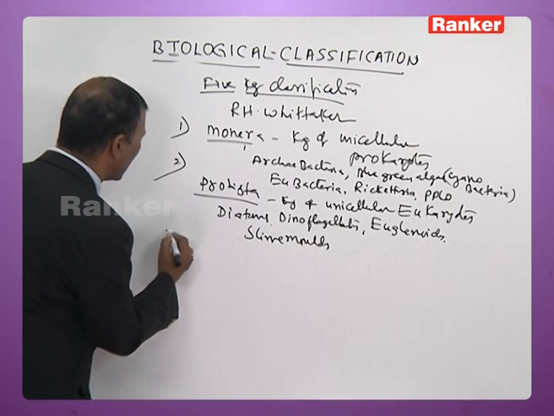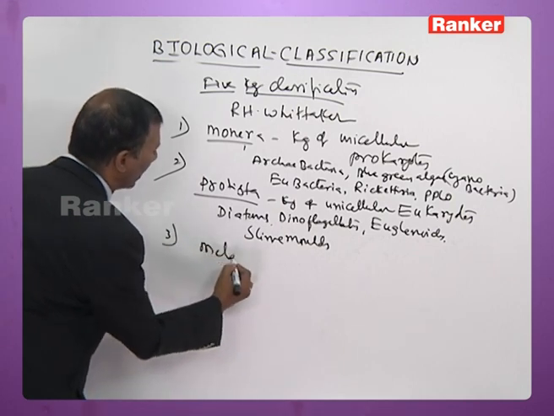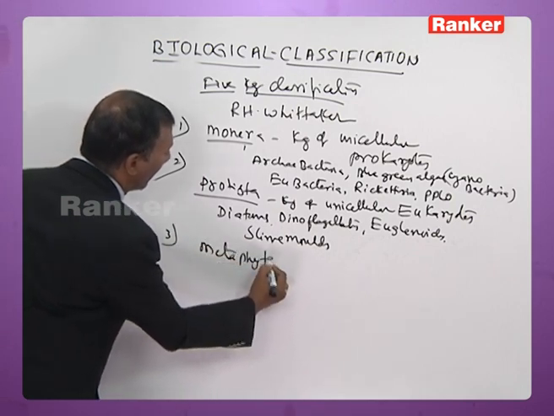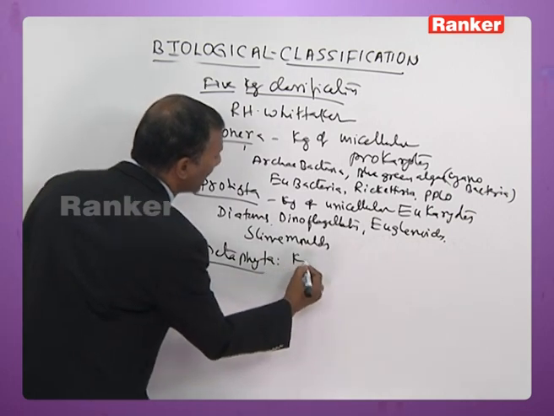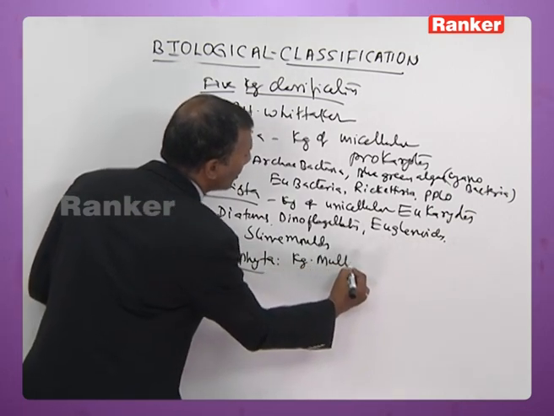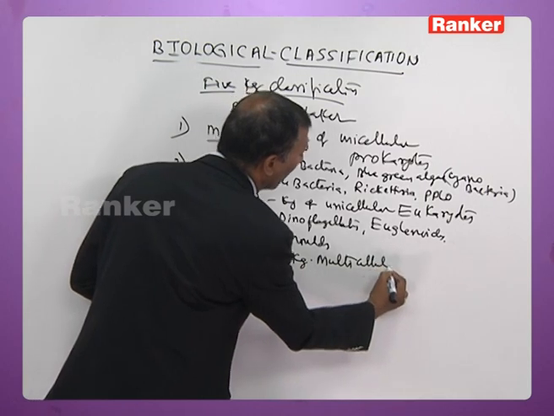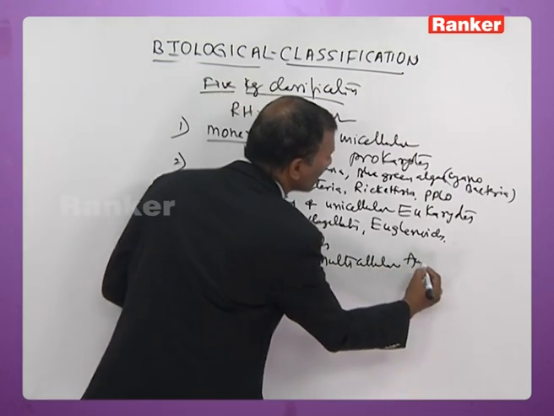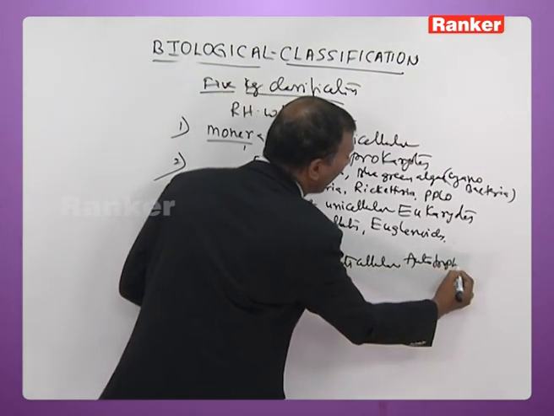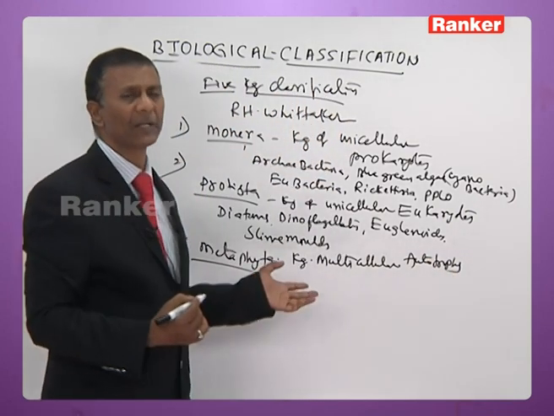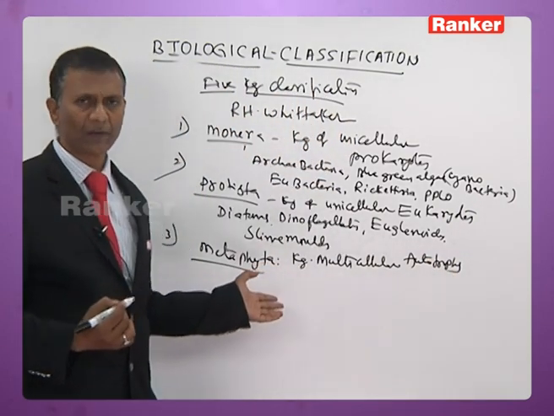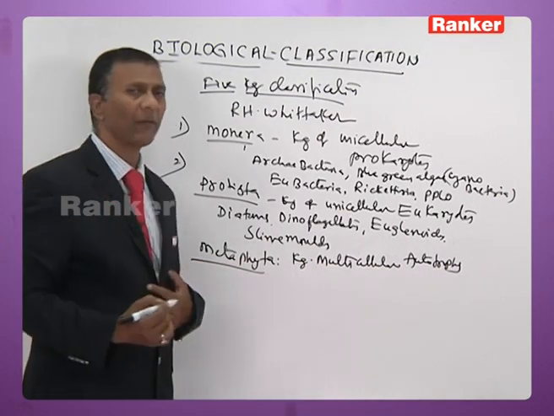Next we have the third kingdom, that is Metaphyta. Metaphyta is the kingdom of multicellular autotrophs. That is all multicellular autotrophs, higher plants, belong to Metaphyta.